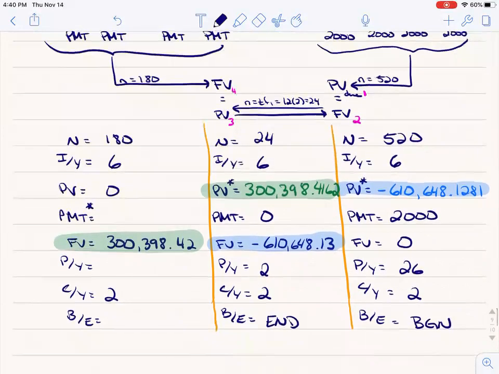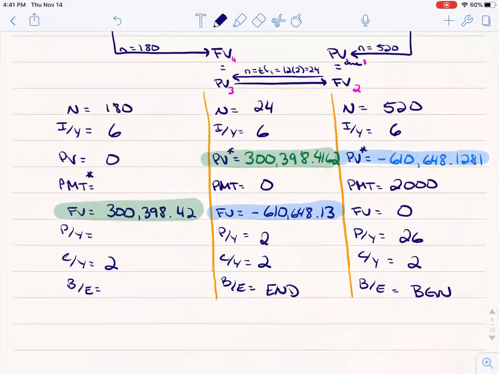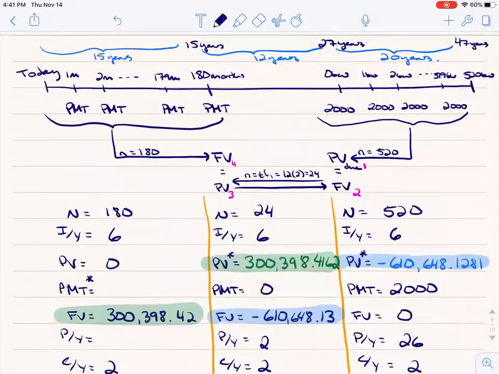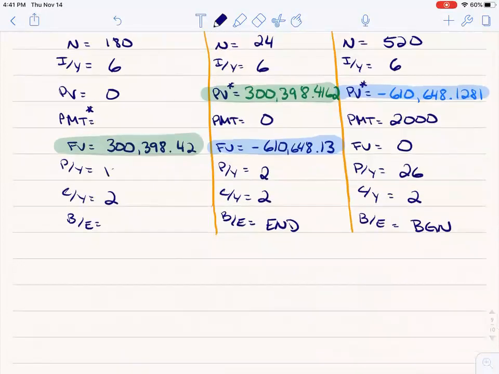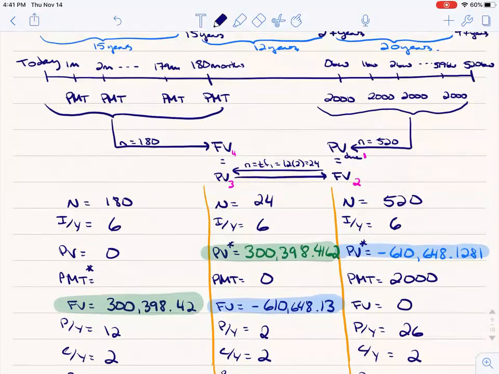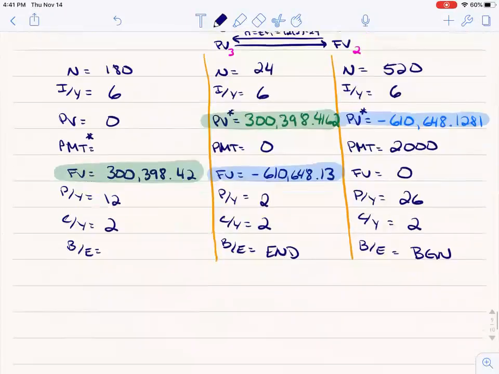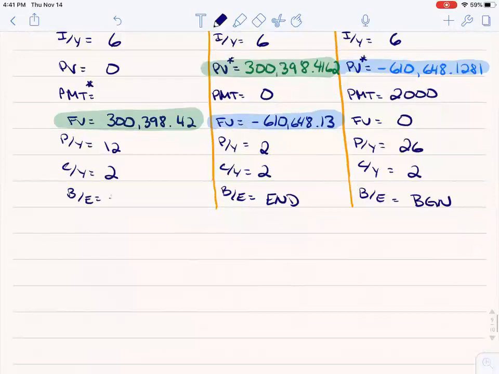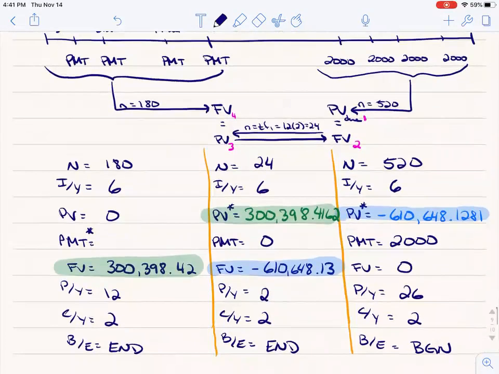We're solving for our payment amount. Our payments per year, we're working monthly, and so our payments per year here is 12. And these were at the end of each month. So we're in this end mode still.